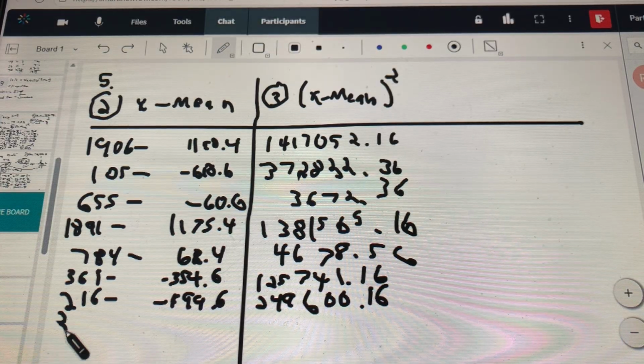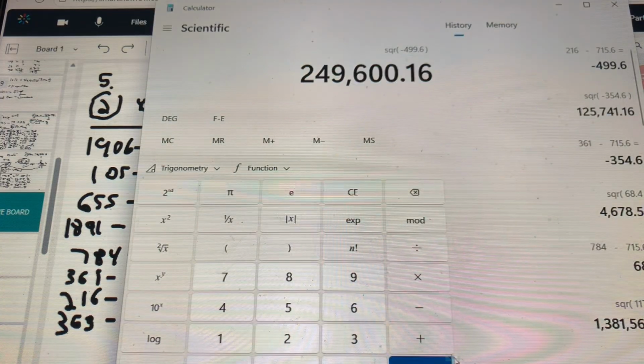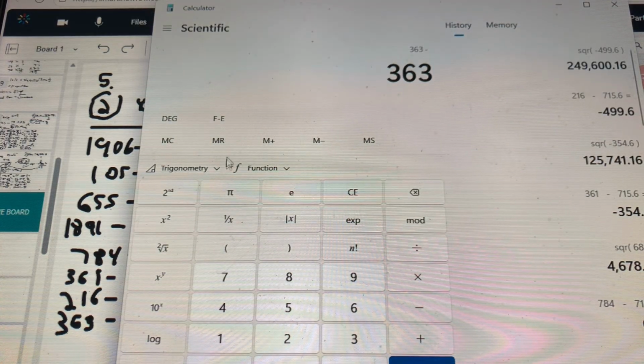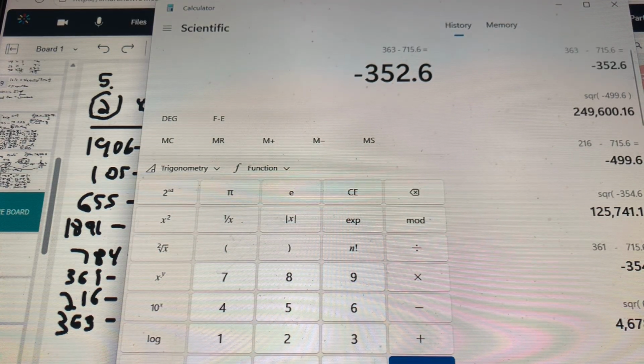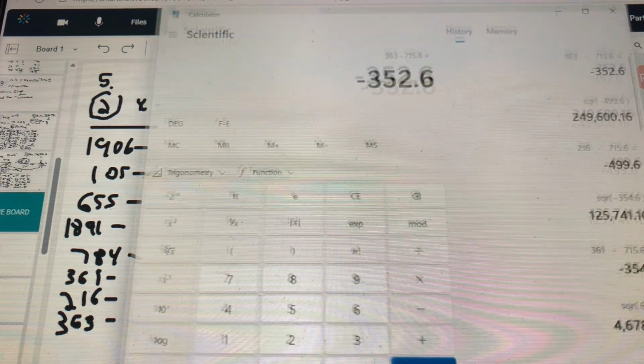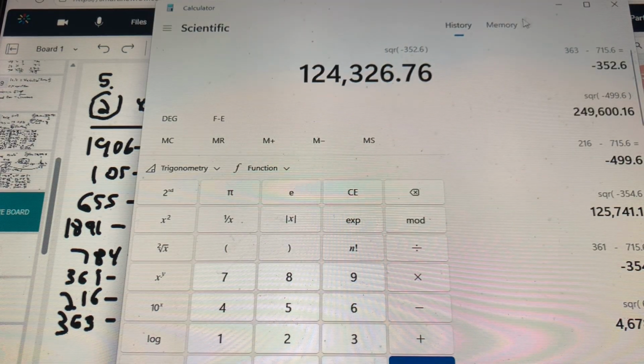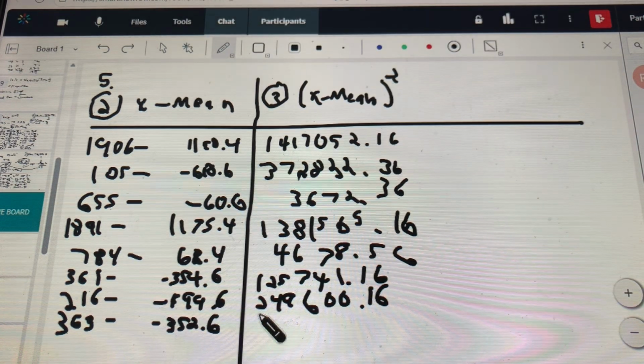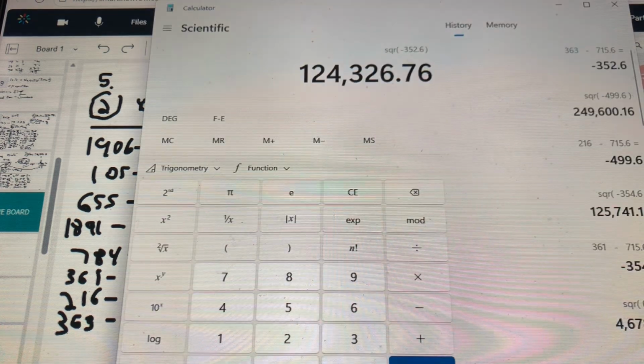363. 363 minus the average is negative 352.6. Square it. 124,326.76.